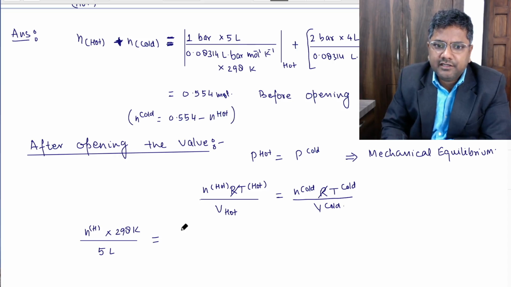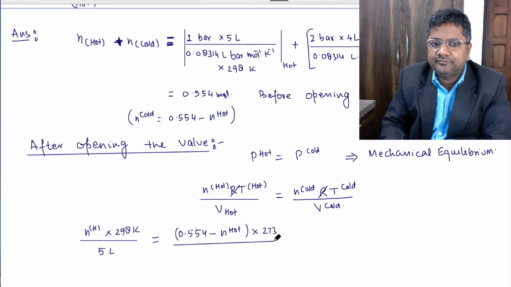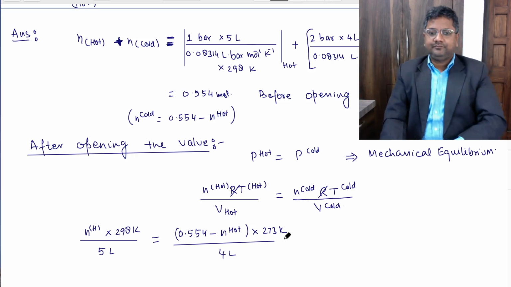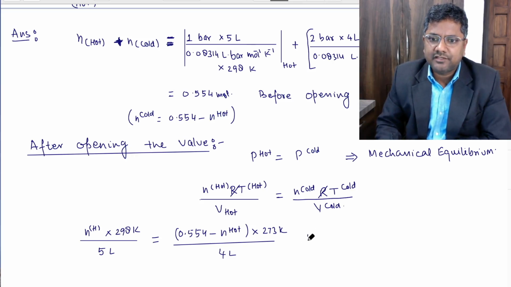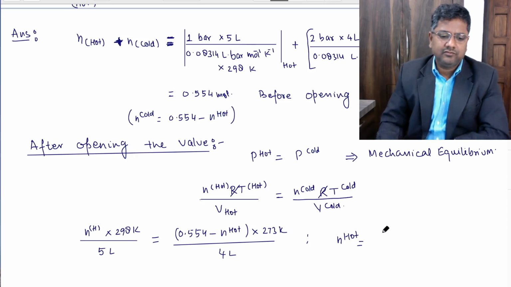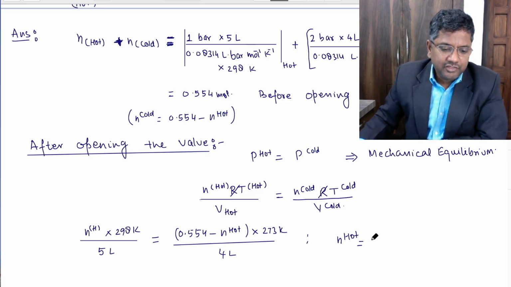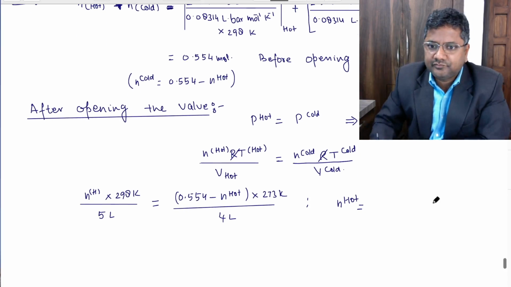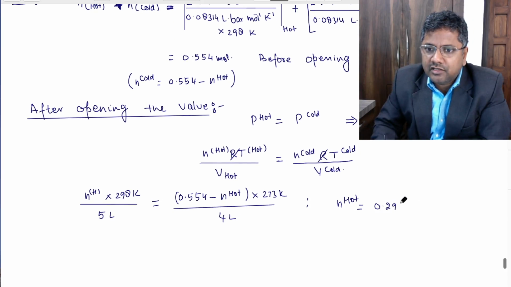So we can write here 0.554 minus N hot into 273 divided by 4 liter. Okay. So when you solve this, you will get N hot is equal to 0.296 moles.